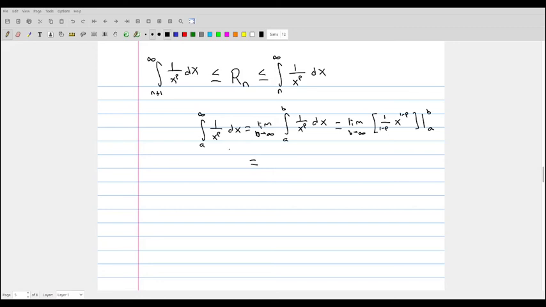So for any positive starting value a, this will be the same thing as 1 over 1 minus p times the limit as b goes to infinity of b to the 1 minus p minus a to the 1 minus p.